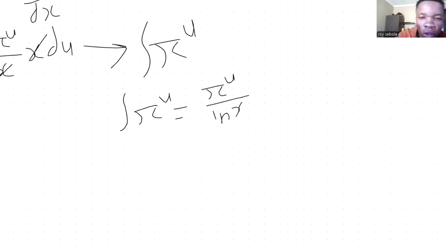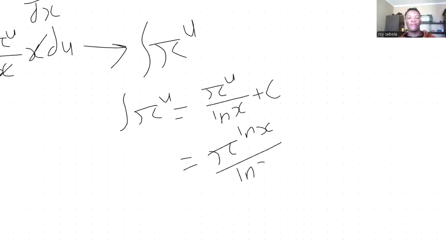Now we know that u is equal to ln x, so you'll have pi to the ln x divided by ln pi plus c. So this will be our final answer for this integration using u substitution.